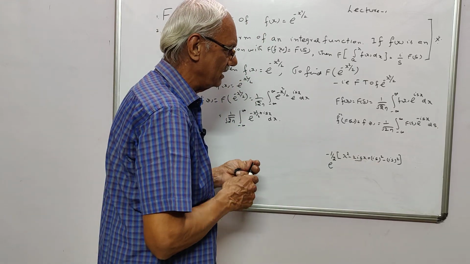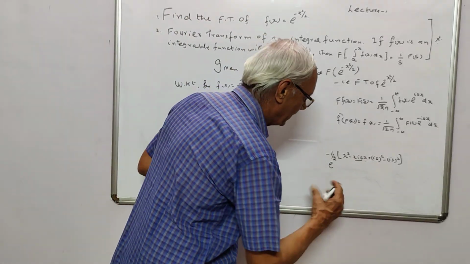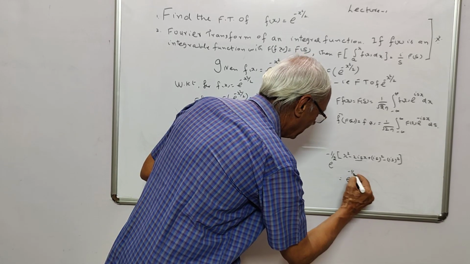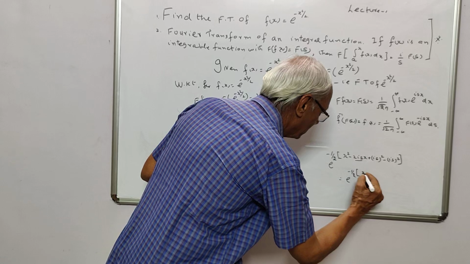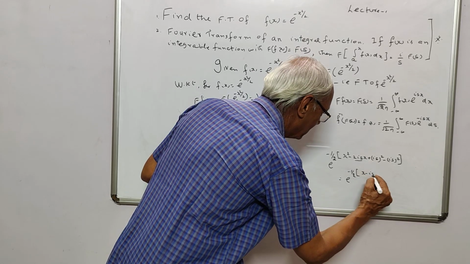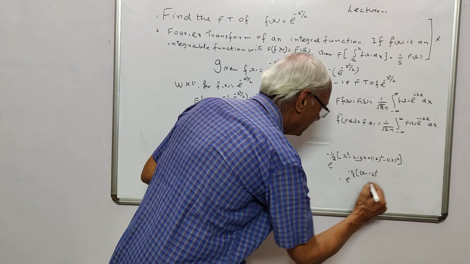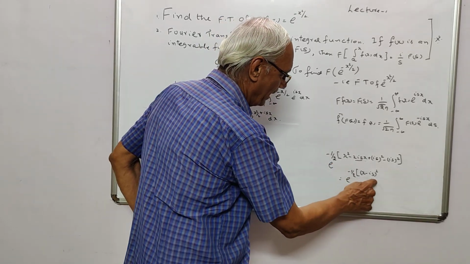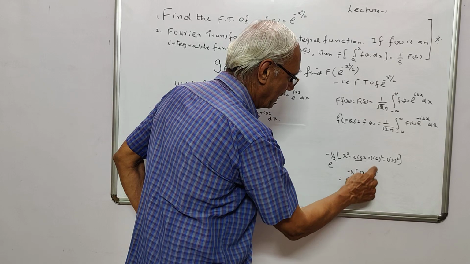Now what will you get here? This is equal to e to the power of minus half into (x minus is) whole square. You get x squared minus 2xis plus is whole square.